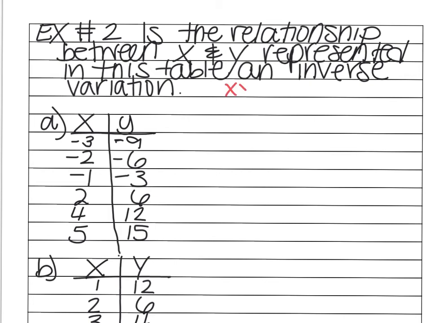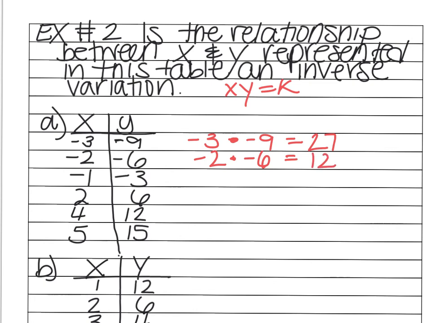It's x times y equals k. If you notice here, we have our x values and our y values. So we just need to start multiplying them. I'm going to have -3 times -9. -3 times -9 is 27. -2 times -6 is 12.